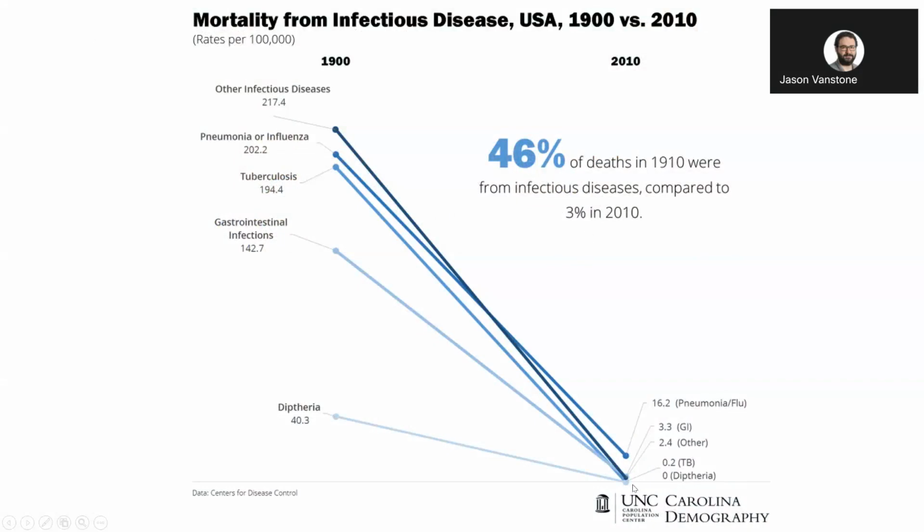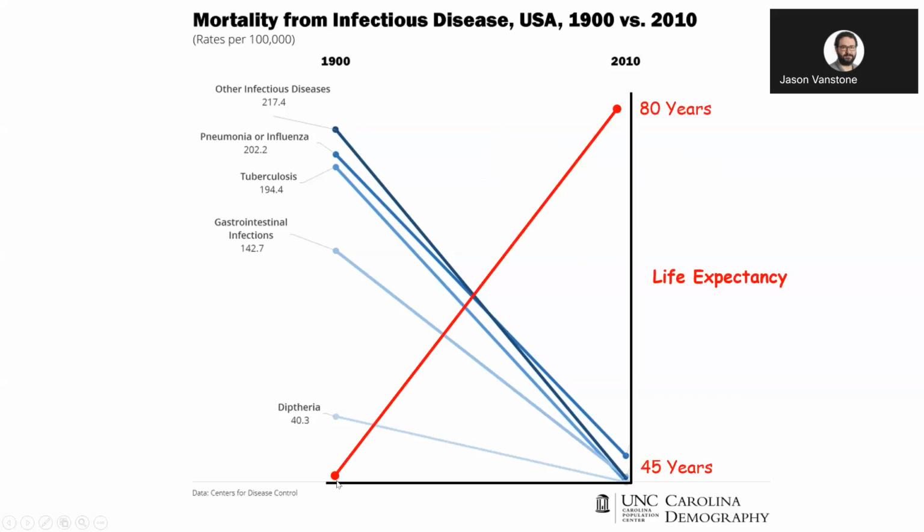And we can see that has changed down to about 3% in 2010, just over 100 years. That's really a huge change, to go from almost half of the people who died dying from an infectious disease to only about 3%. That is a huge shift in that time frame in terms of what people are dying from.